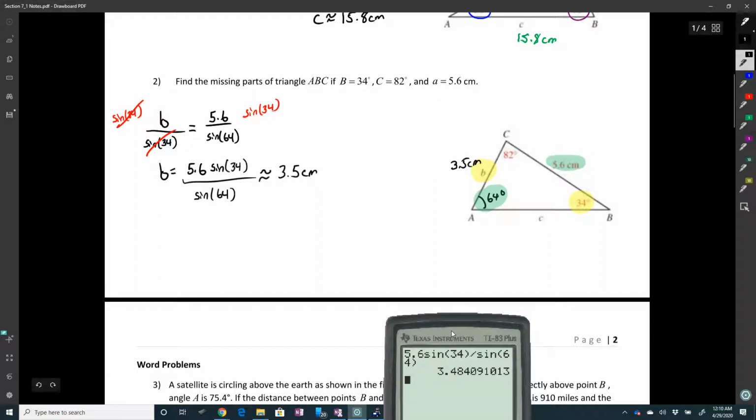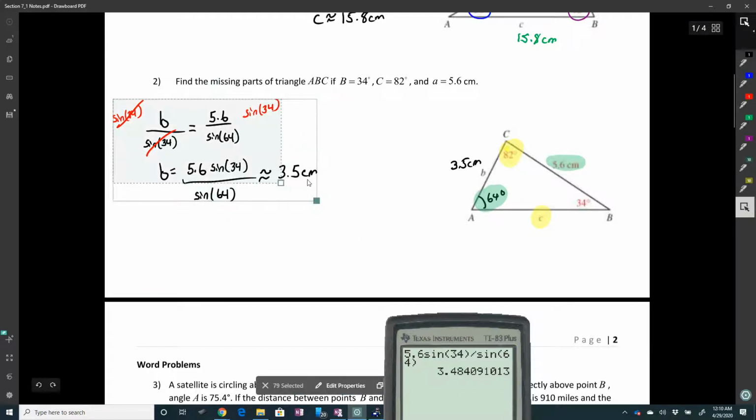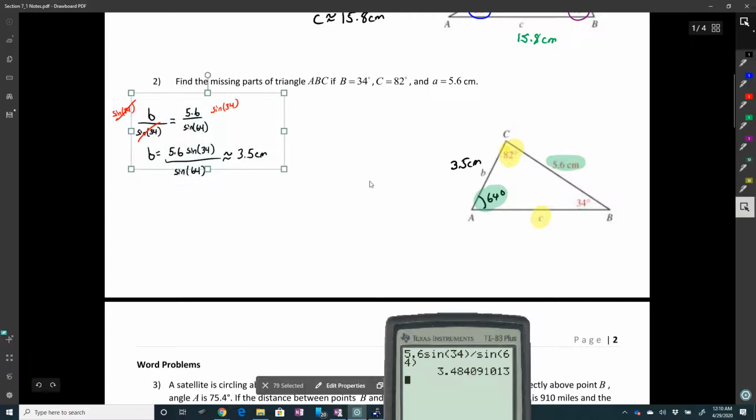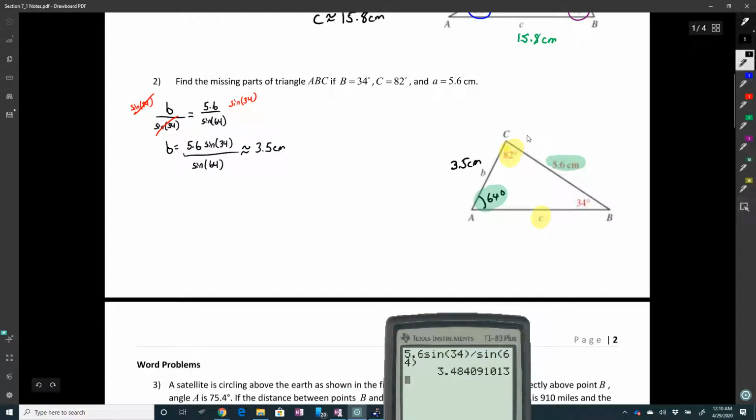Now to figure out the last one, I just use the same reference side with my new information. So here's 82 degrees, there's C. Again, because of space, shrink. All right, so this is exactly the same thing.